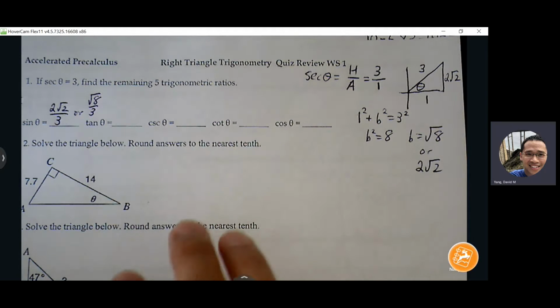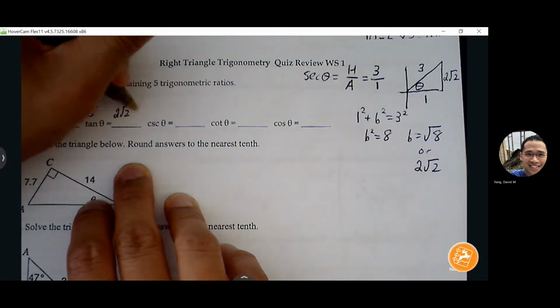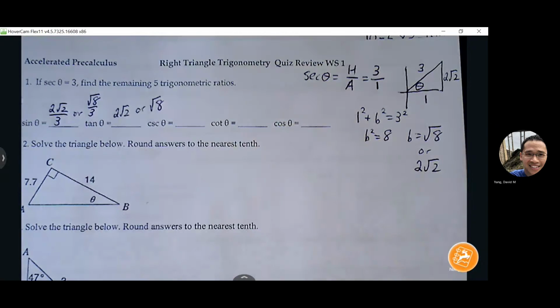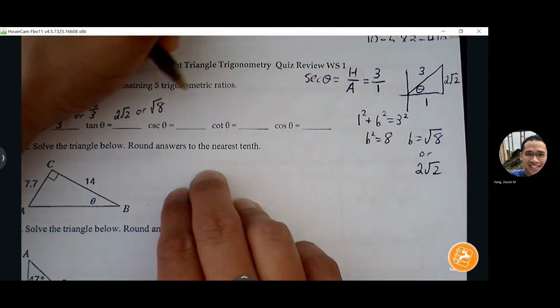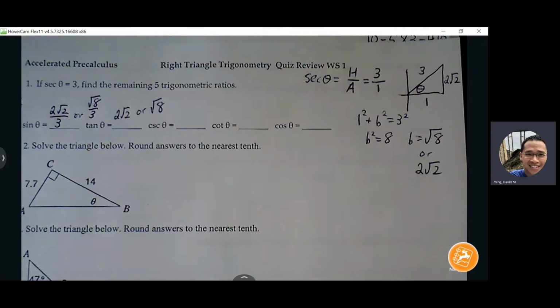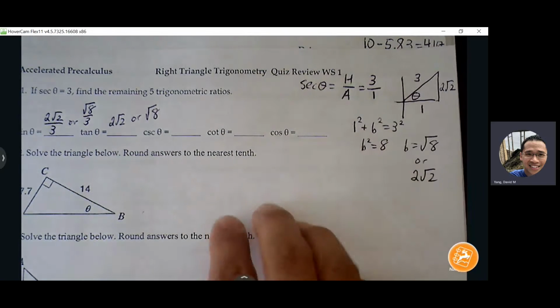Tangent, opposite over adjacent. Cosecant is the reciprocal of sine, right? So hypotenuse over opposite.